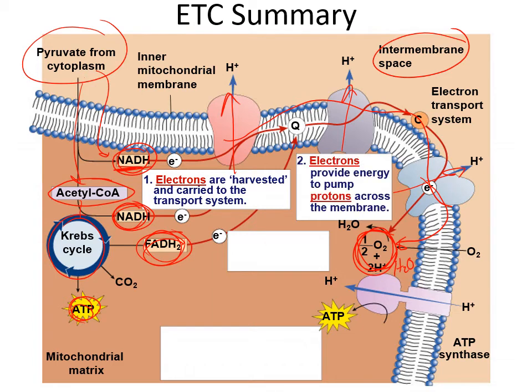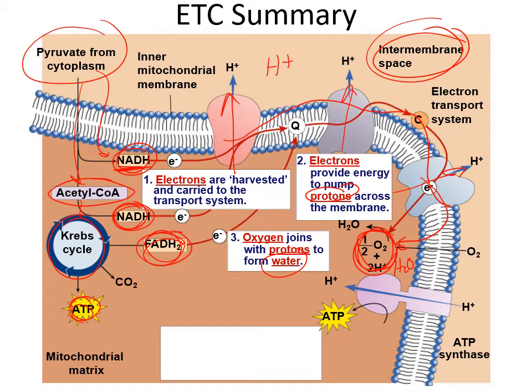The electrons move through those various structures within the chain, pumping those hydrogen ions. Remember, another name for hydrogen ions is protons. So these are known as proton pumps. Eventually, once they've gone through all of those proton pumps, the electrons then end up with oxygen to form water. And we end up actually further decreasing the hydrogen ion concentration, which is the same thing as saying increasing the hydrogen ion concentration on the other side of the inner membrane.